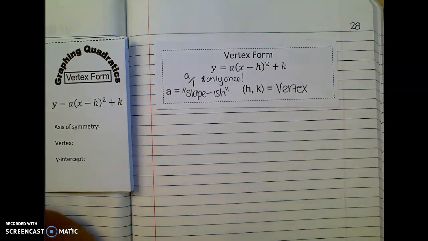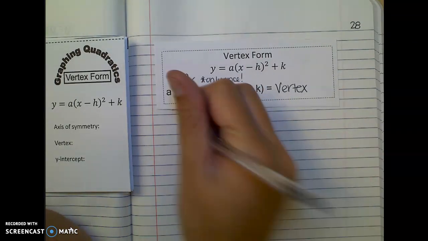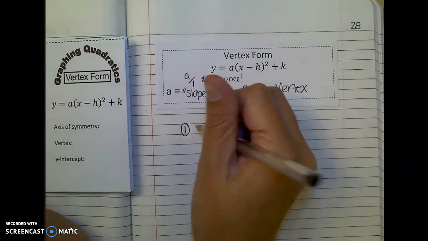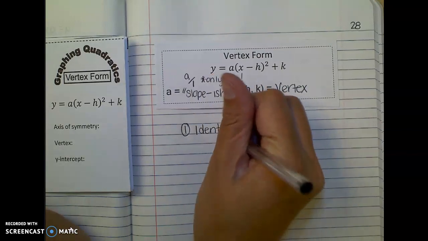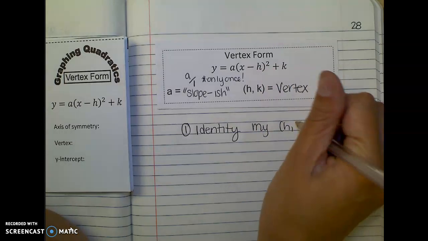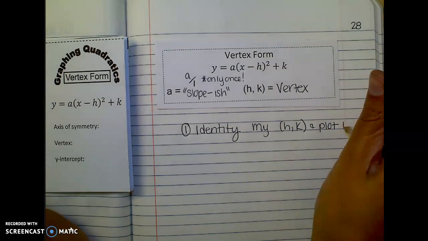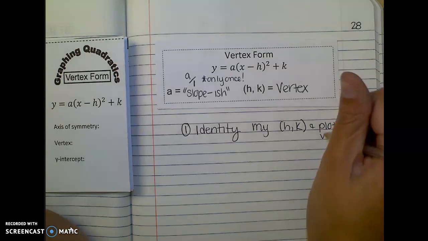So if I think about making a really good looking graph of this, the steps that I would follow is first, that I would identify my H, K, and plot the vertex, because that's what it is.